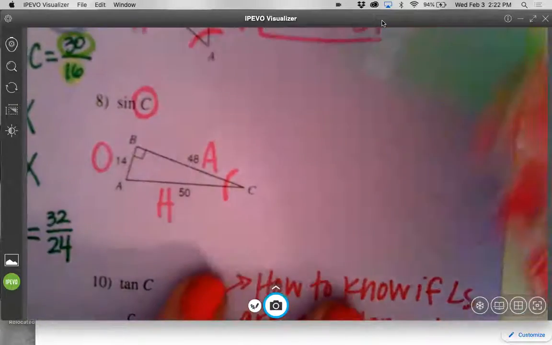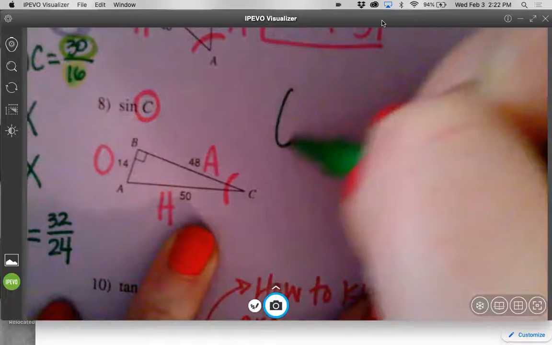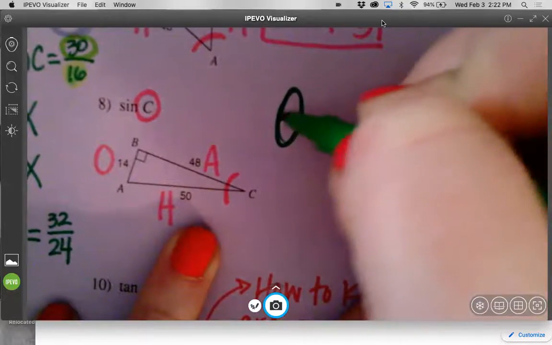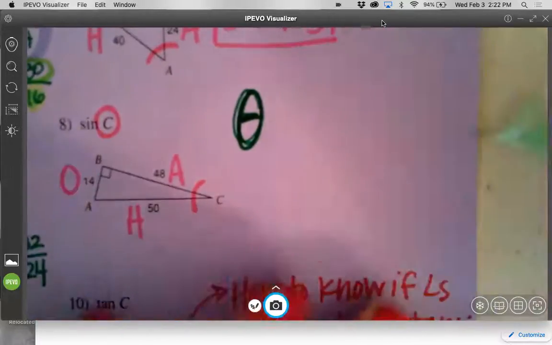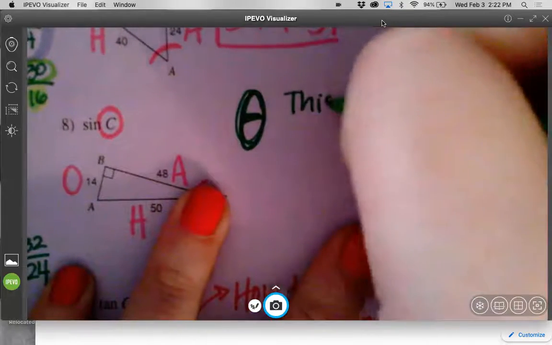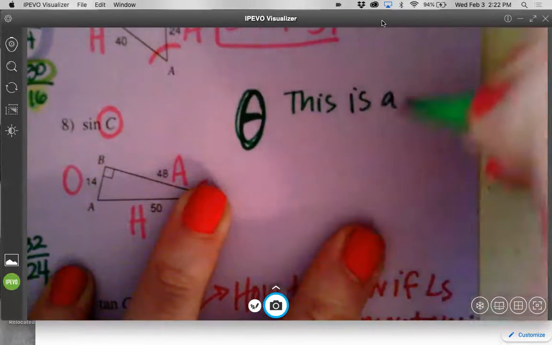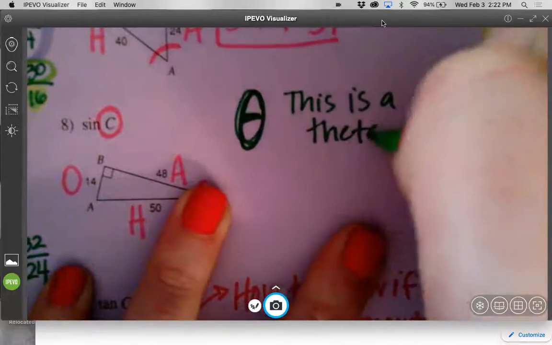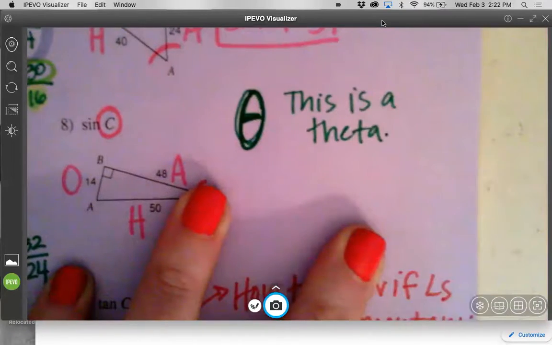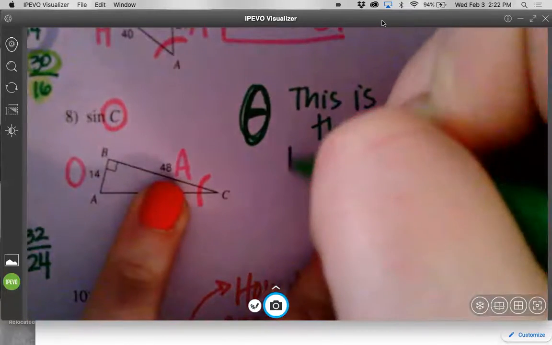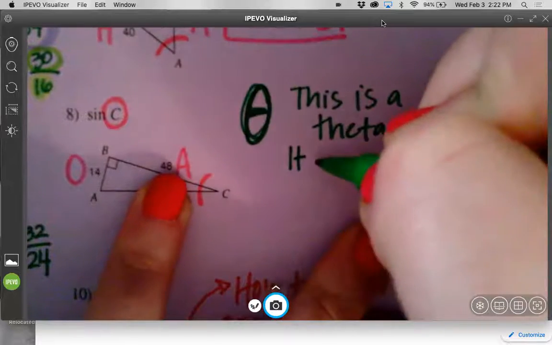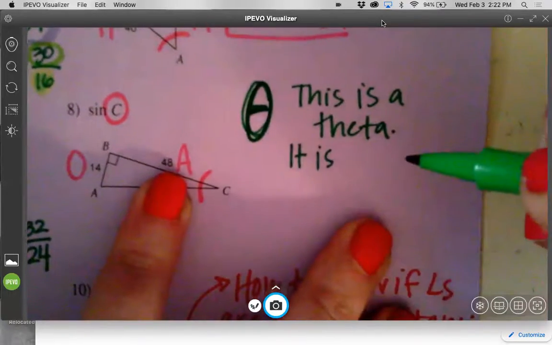This is not triangle related necessarily. I want you to draw a circle or an O and put a line through it. This is a theta. Theta is a Greek letter. So we're going to put, looks like a what? Yes, it does. When you draw it in green, it does.